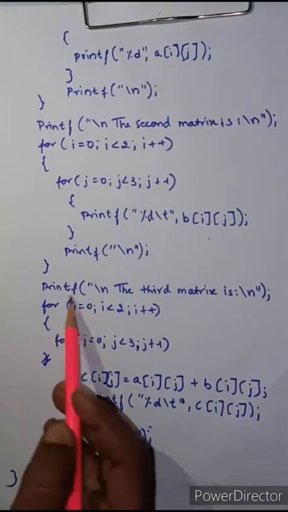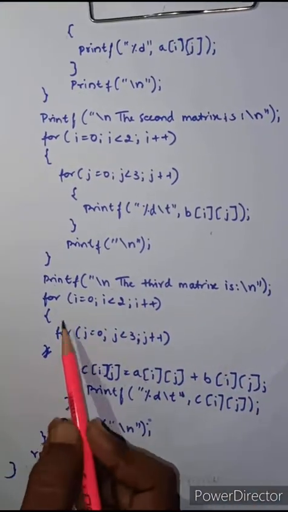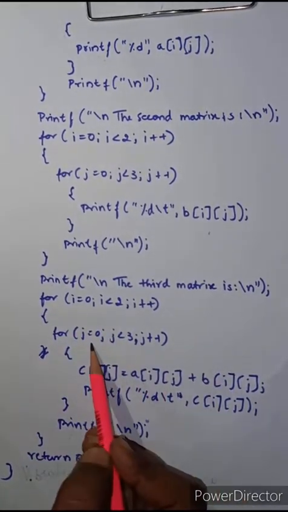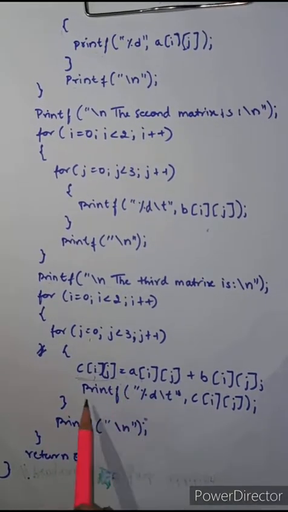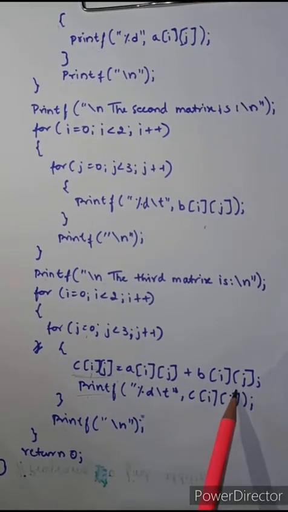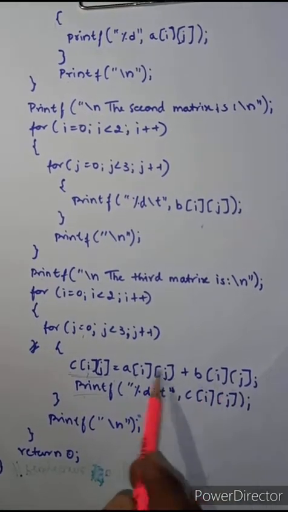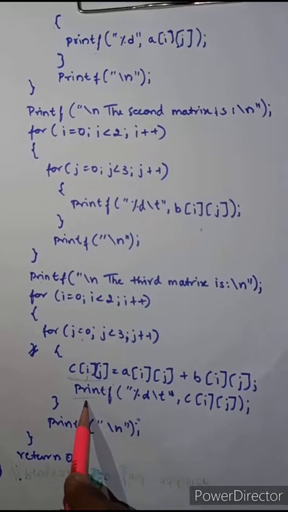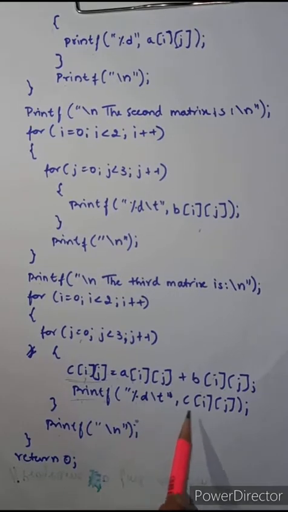So this is the printf for the third matrix, and for the third matrix we are using two for loops as I told in the first. One for the rows and j for the columns, and I am using the logic in this loop itself and printing also. And a of ij plus b of ij, as we stored in the first part, these values are summed in this c of ij, and it will print in the same for loop, printf percentage d c of ij.